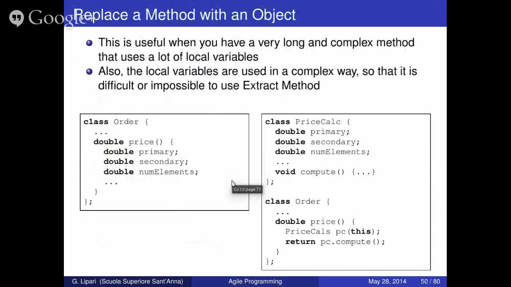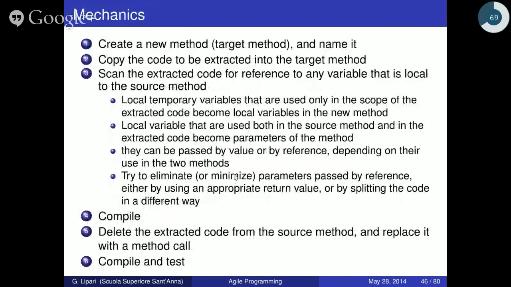Another thing we are going to see is this replace a method with an object. And this is useful when you have a very long and complex method that uses a lot of local variables. And the local variables are used in a complex way, so it is difficult or impossible to use extract method. In fact, remember that with extract method, all local variables that are used both in the source method and the extracted code become parameters.